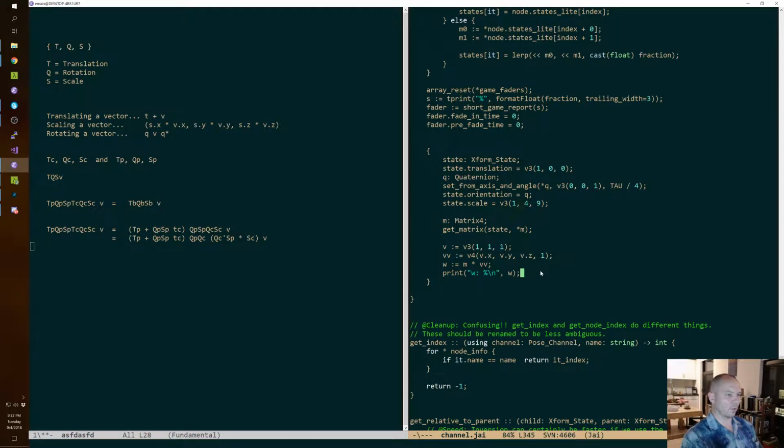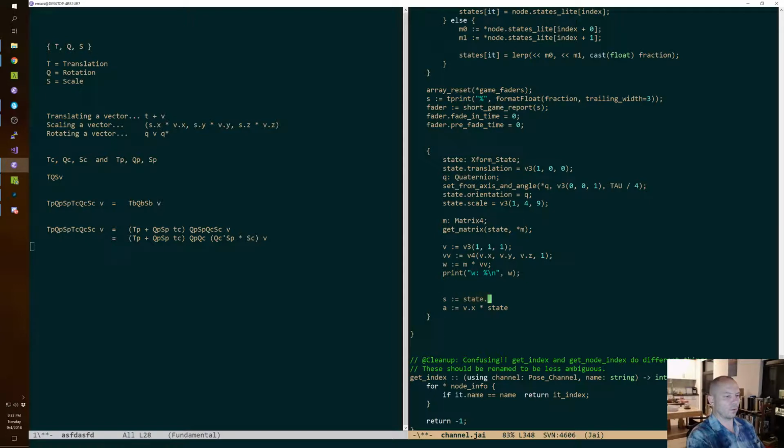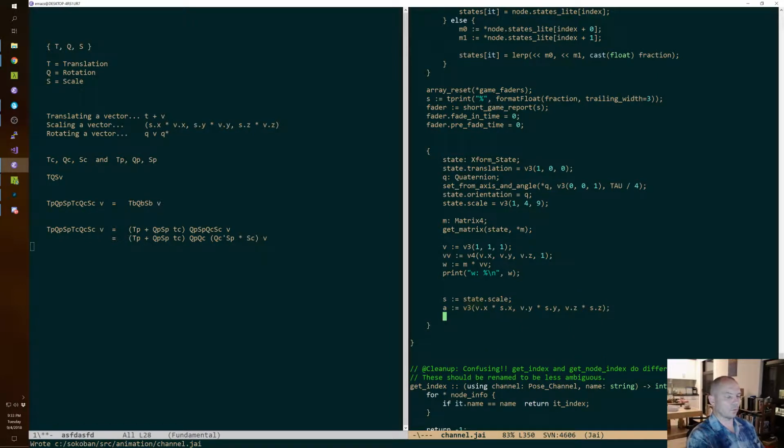Well, either we get that by, well, let's see. Let's say A is V dot X times scale, state, S is state dot scale times S dot X. Right?